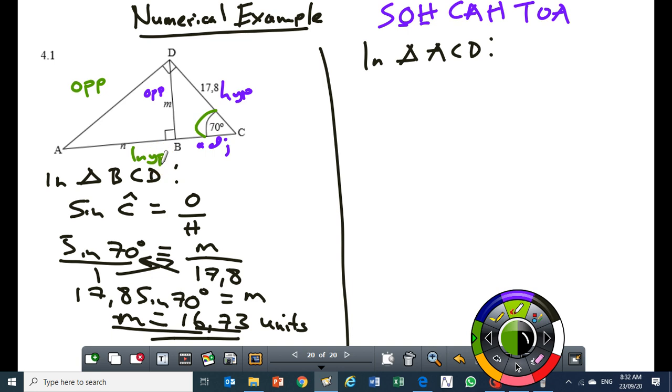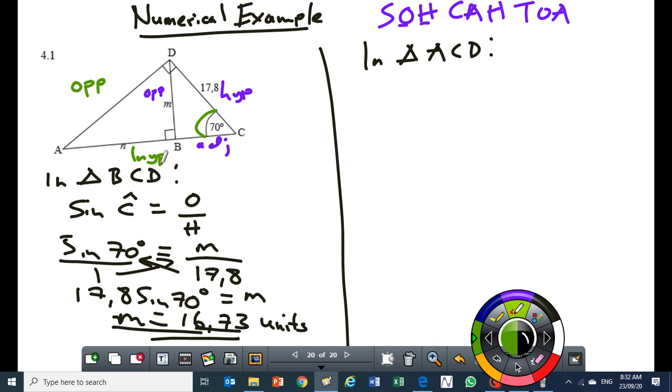The whole length AC is the hypotenuse. So if I want to get N, I can calculate that opposite side. Then I'm going to use the theorem of Pythagoras to get that AB, which is equal to N.